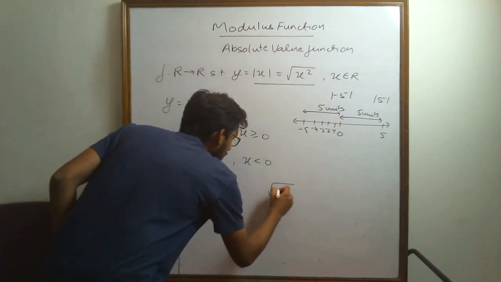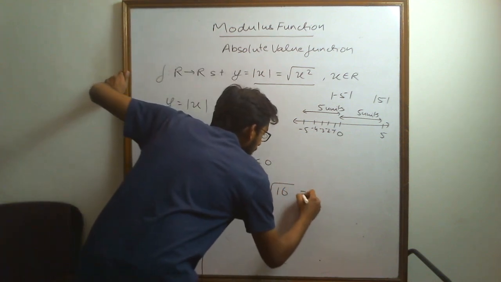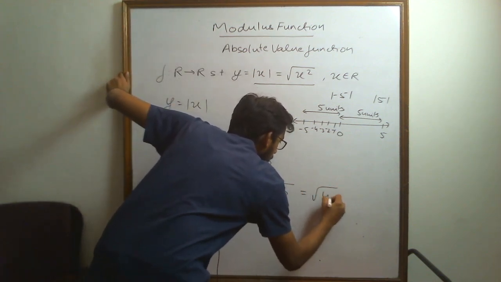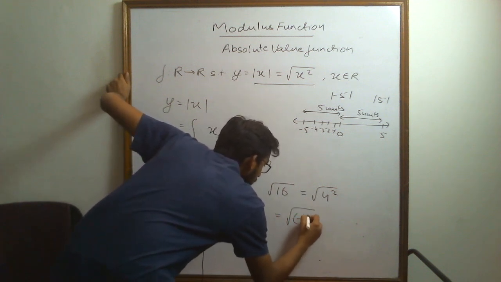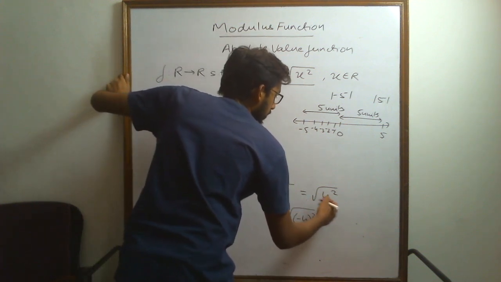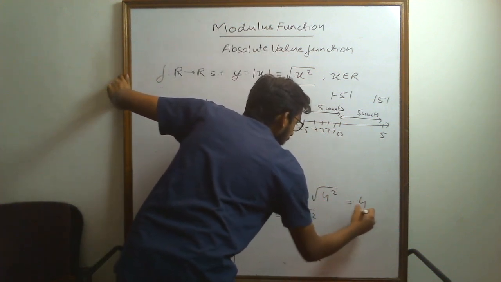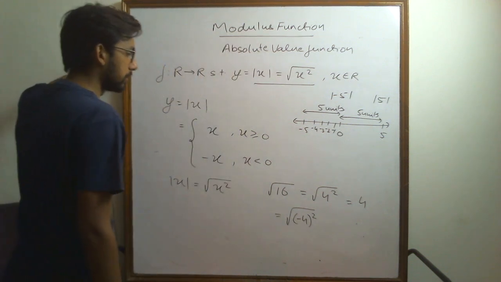So suppose I take root of 16. This can be written as either root of 4 square, or it can also be written as root of minus 4 square. Now 4 is positive, so this can be directly written as 4 by removing the square and the square root sign.